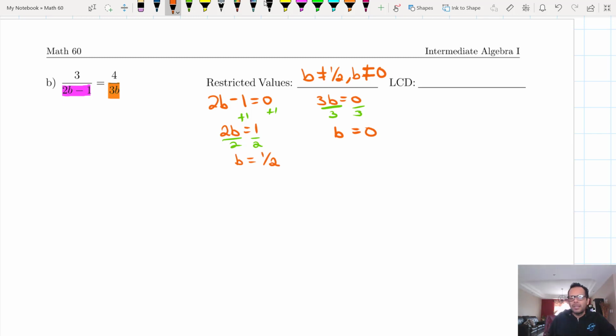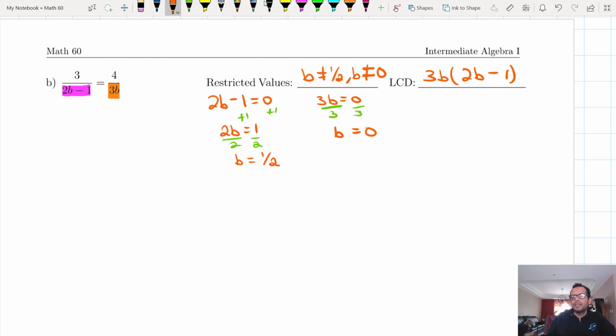All right, let's find the LCD. The LCD will be the product of all the different denominators. Notice we have 2b minus 1 and 3b. So the product of the two will be the LCD, 3b times 2b minus 1.